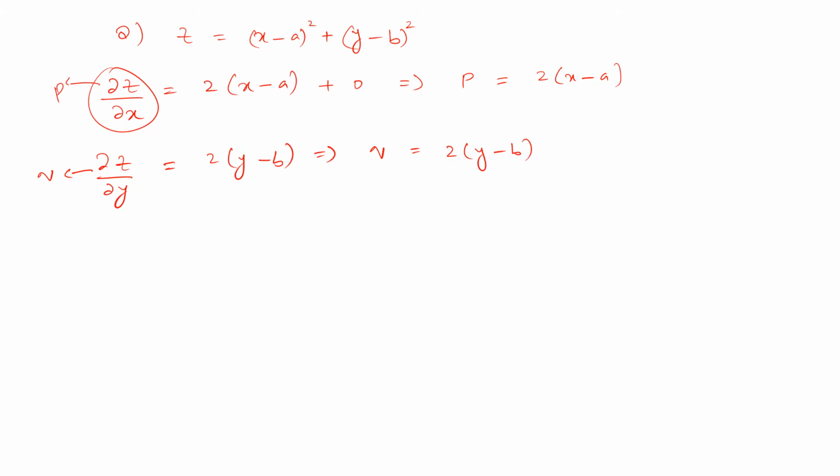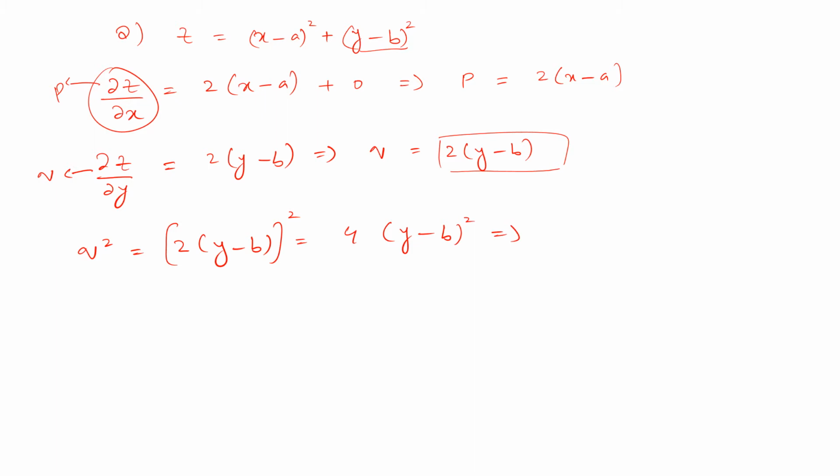So now we can see that this is 2 multiplied by (y minus b), but here we have (y minus b) whole squared. So if I square this, q squared is equal to 4 times (y minus b) whole squared. So this implies that (y minus b) squared will be equal to q squared divided by 4.